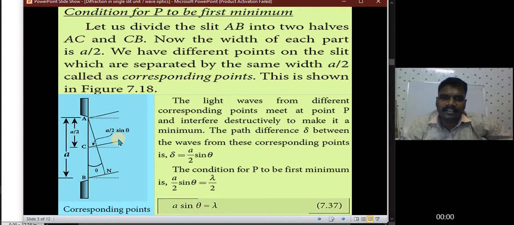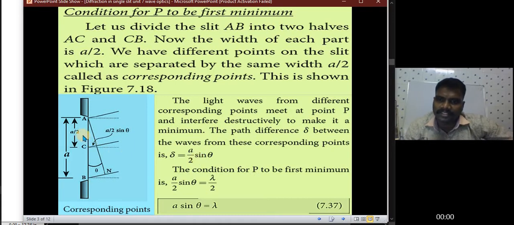and interfere destructively. Destructively means dark fringes. To make it a minimum, the path difference del between the waves from these corresponding points is del equal to a by 2 sin theta. So from the diagram, del is equal to a by 2 sin theta. What is the formula for sin theta? Sin theta is equal to opposite side by hypotenuse.